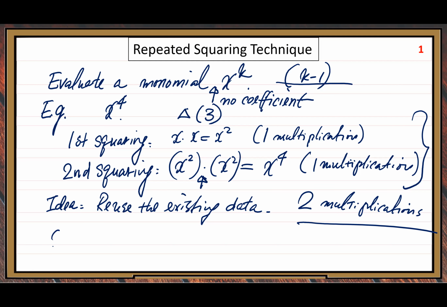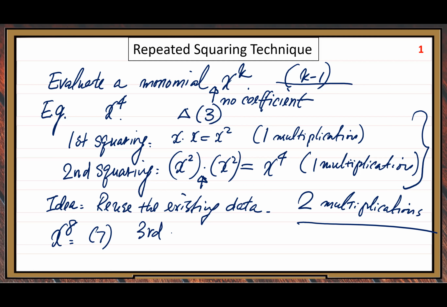x to the 8th, okay? For x to the 8th, by our old method we need 7 multiplications. By this repeated squaring, we just need 3 squaring operations.